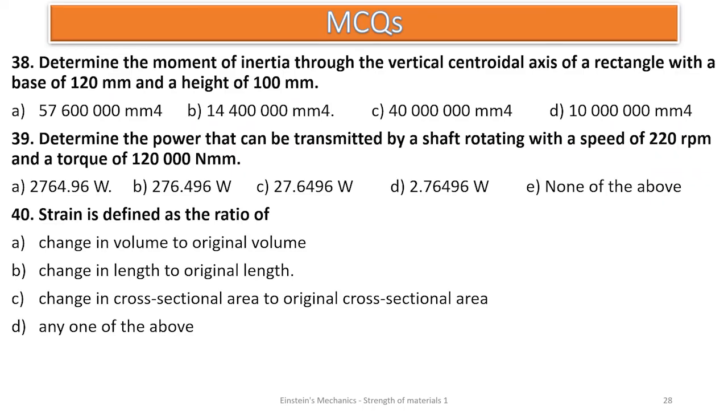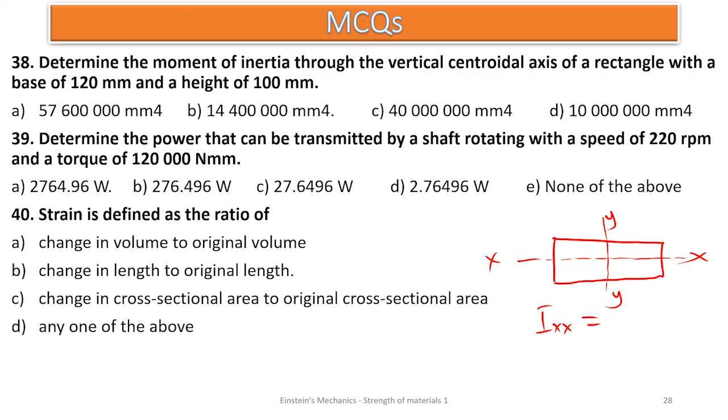38. Determine the moment of inertia through the vertical centroidal axis of a rectangle with base of that and height of that. So when we have a rectangle and we want to determine the moment of inertia, first we can find it with respect to the x-axis and with respect to the y-axis. The moment of inertia with respect to the x-axis is going to be bh cubed on 12.